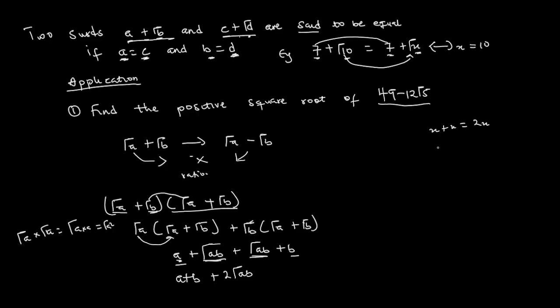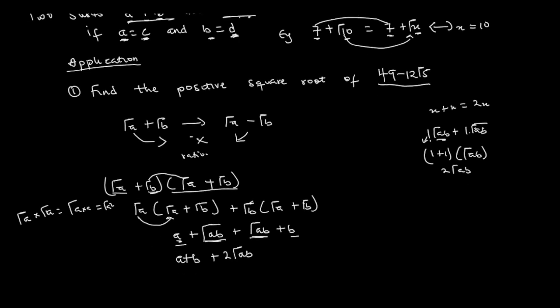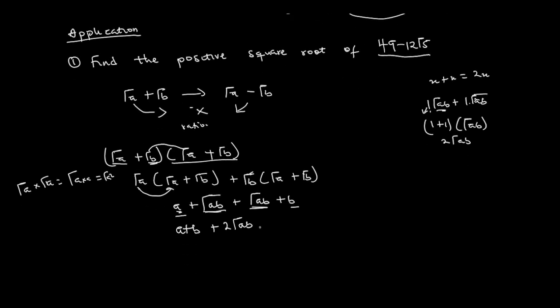If you still want to use addition of surds, we have 1 root ab plus 1 root ab. And per the properties of addition of surds, we take the rational part, we add this one to this one, and then we write one of these. 1 plus 1 is 2, we have 2 root ab, right? So that's how we have 2 root ab.